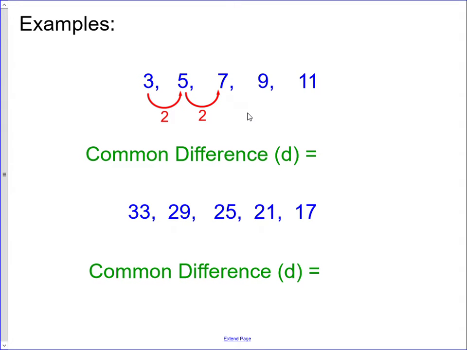If we look at the next set, it's also increasing by 2 from 7 to 9. And from 9 to 11, you got it, it's increasing by 2 again. So the common difference is 2. Therefore, 3, 5, 7, 9, and 11 do form an arithmetic sequence.